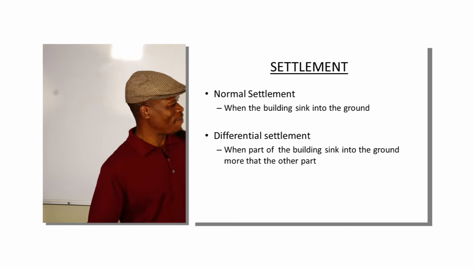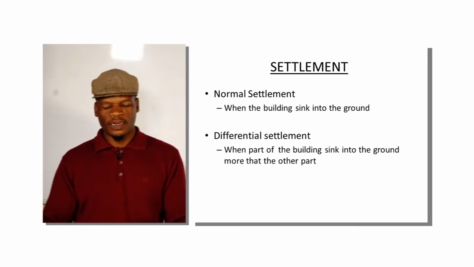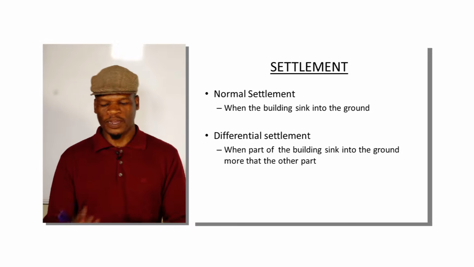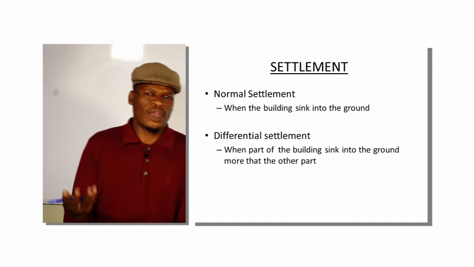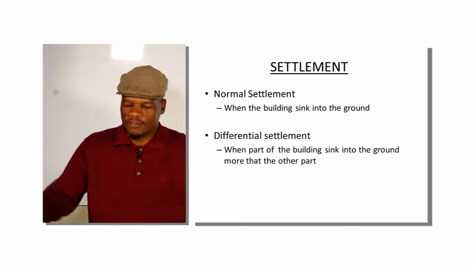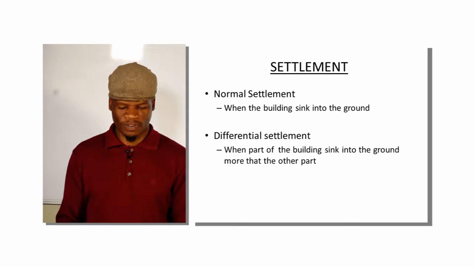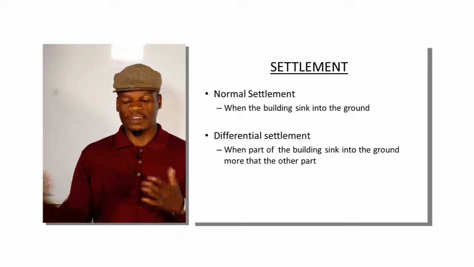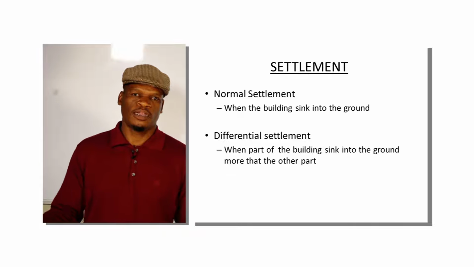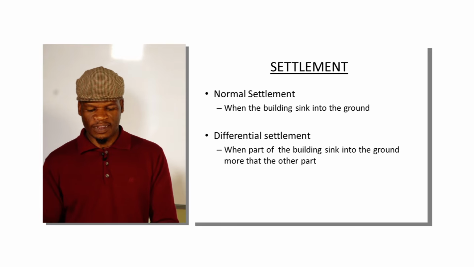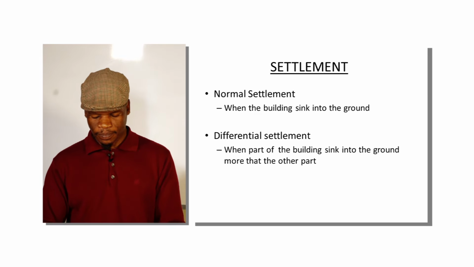Differential settlement is when one part of the building is sinking more compared to the other part. That might result because the type of soil on the ground where the building was constructed was not exactly the same. If you have that problem, where there is weak soil, the soil is going to undergo a lot of compaction, and that is going to result in the structure collapsing.